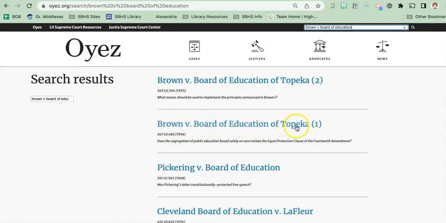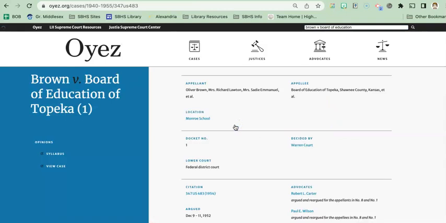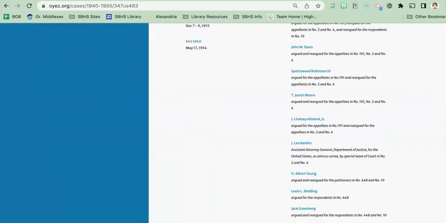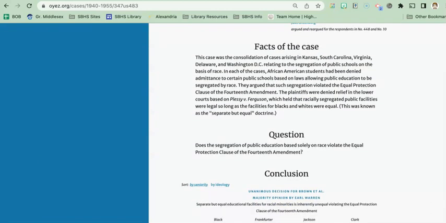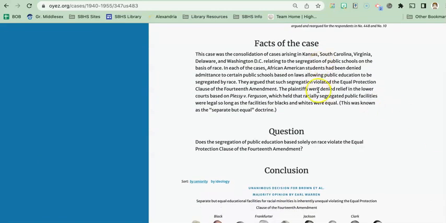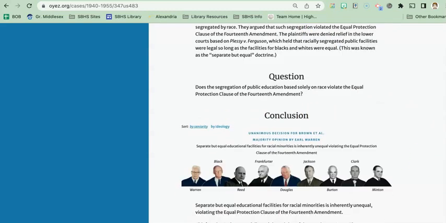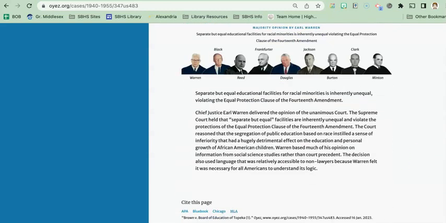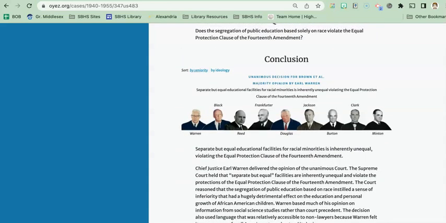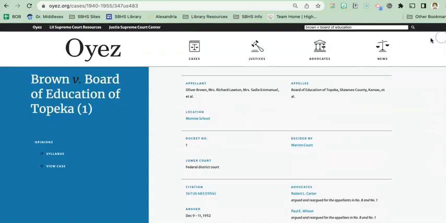Board of Education of Topeka, and this is the first case. So we want to use this one as our example. Now what I like about OEA is it's going to have all of the different parts of this case broken down very clearly. So you have the facts of the case, the question that was being asked, the conclusion the justices came to, so their decision explained to you, and we're going to use this as our example.